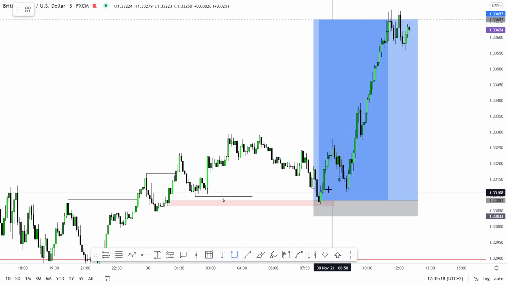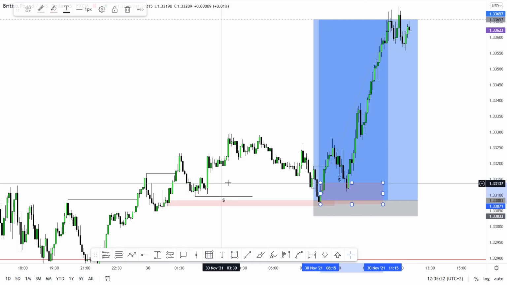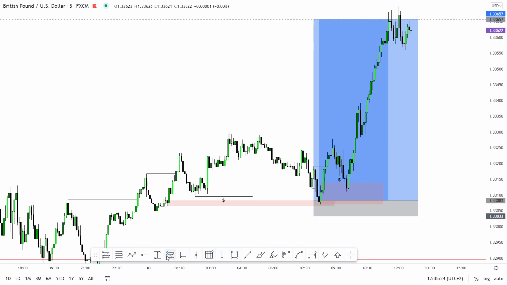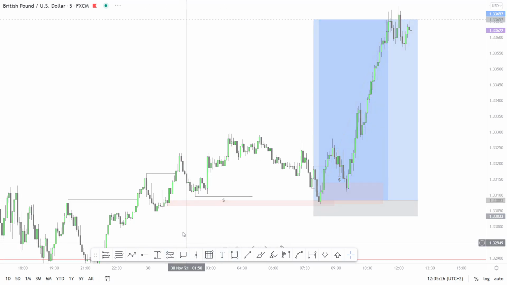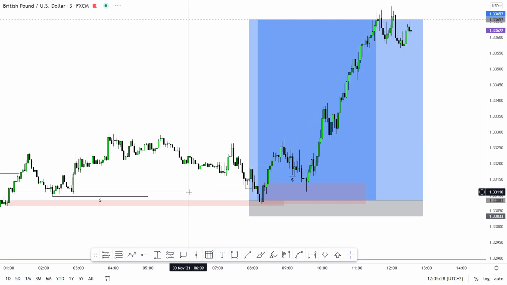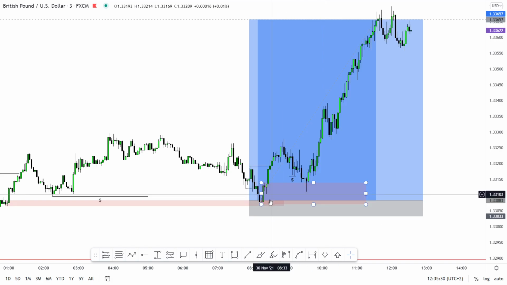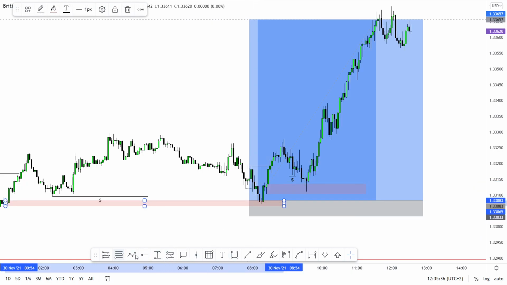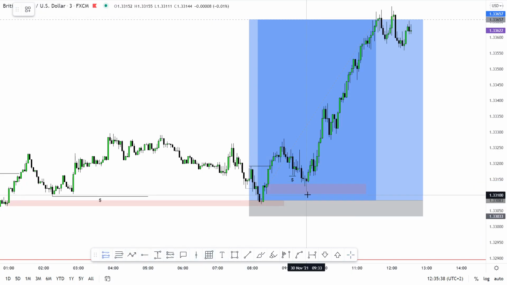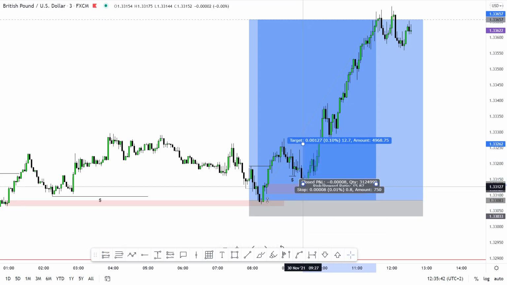And then you have your buy area right here. If you want to go to the M3, that's your choice. You can do that just to see whether you can get a decent RR. So if you wanted to take it from there, you could have decided to take it from there. So let's see, entry there, SL there.